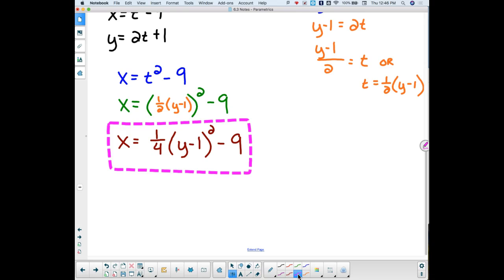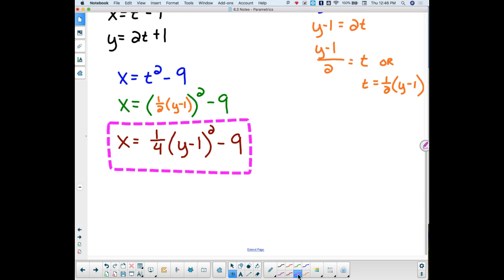An equation with one squared variable. What graph is that? Parabola. Okay, so it's going to produce a parabola. Which way is my parabola going to open? To the right. Why to the right? Because that's what we graphed, right?